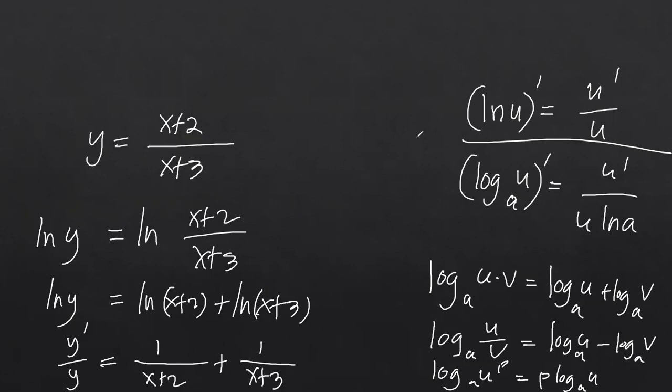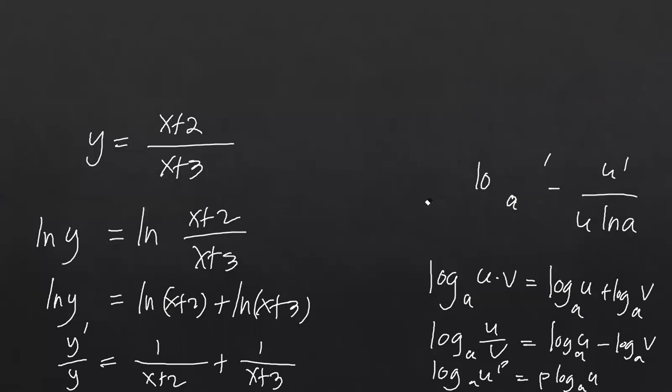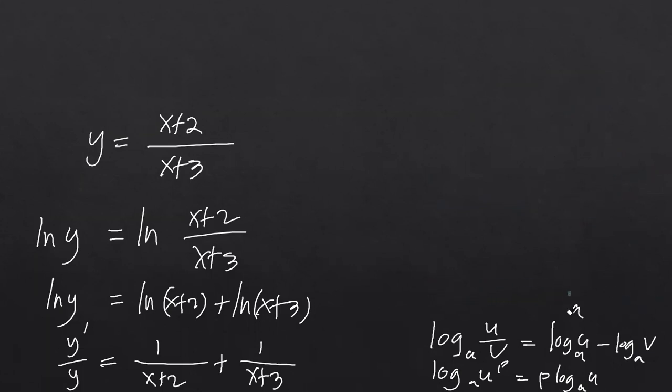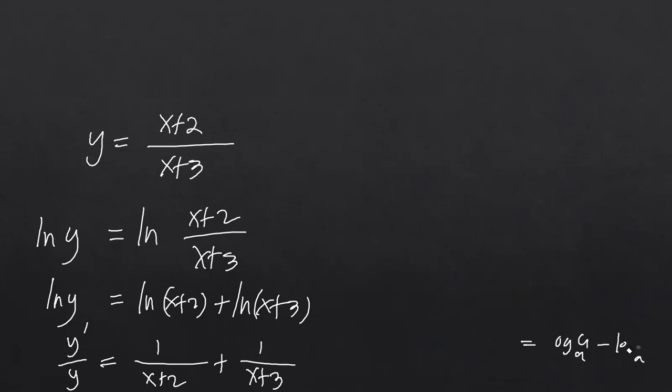As you can see, we are almost done, because we are looking for the y prime. To look for y prime, we just have to transfer this y to the other side. But again, the y is not yet in terms of x, so we will be substituting it.